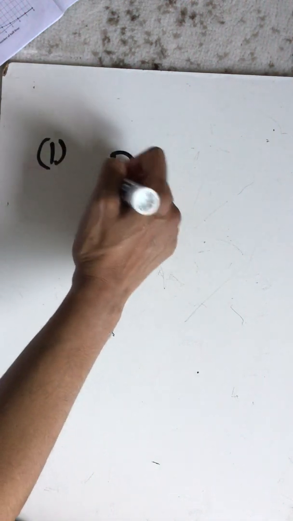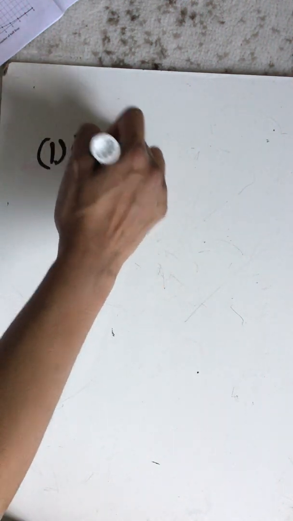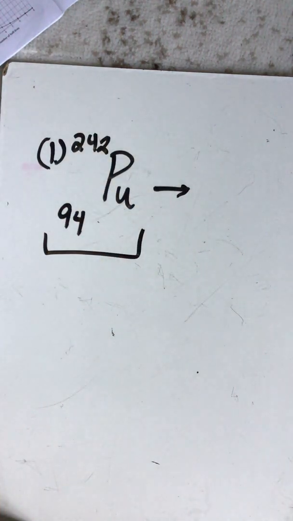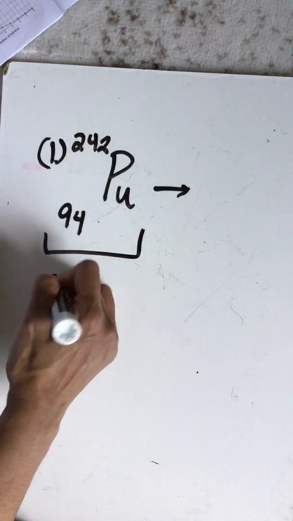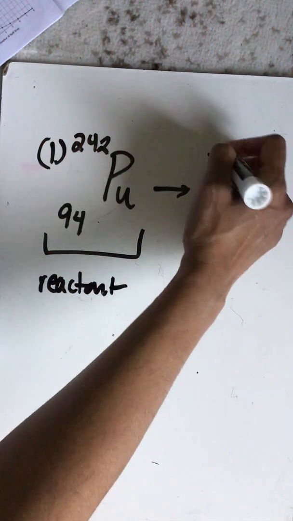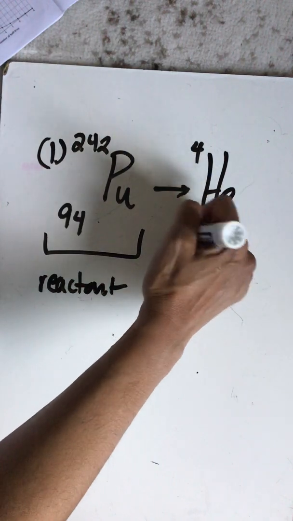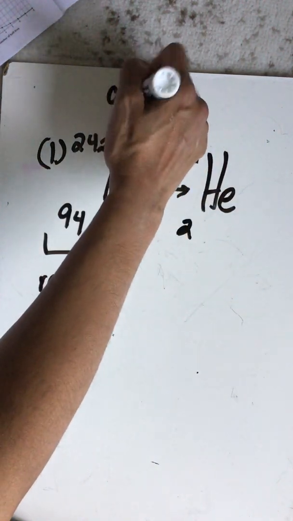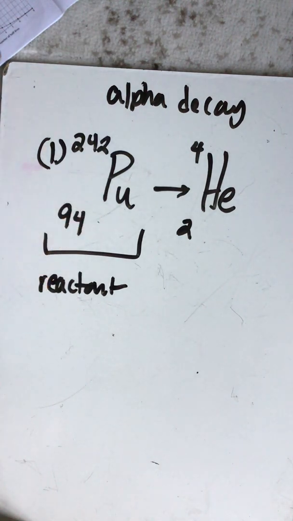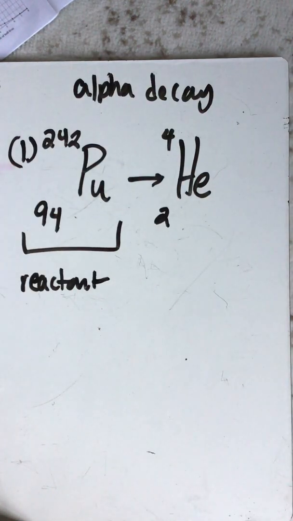It gives you plutonium 242, 94, and it's telling you this undergoes a nuclear reaction. So this is the reactant, and it's undergoing a reaction, and it's producing helium-4 and 2. So it's actually going under what we call an alpha decay. It's called an alpha decay because this is decaying or breaking down into an alpha particle, which is that helium.